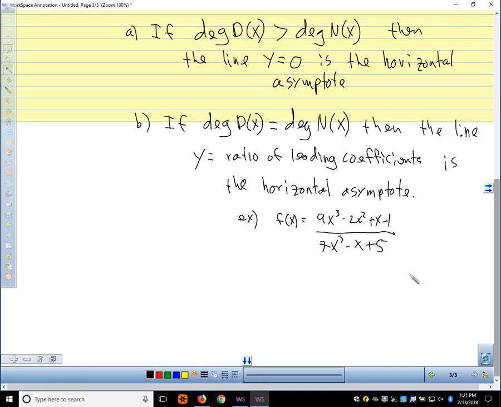The leading coefficients, just like we found for polynomials, are the numbers in front of the highest power of x. We're just interested in that. The ratio of leading coefficients, y equals 9/7, is the horizontal asymptote.